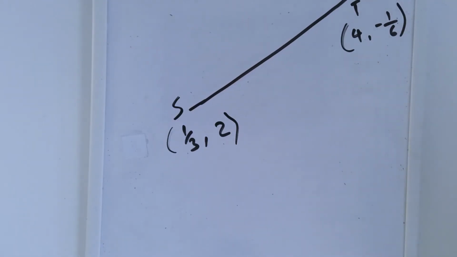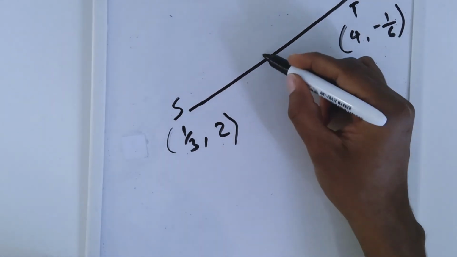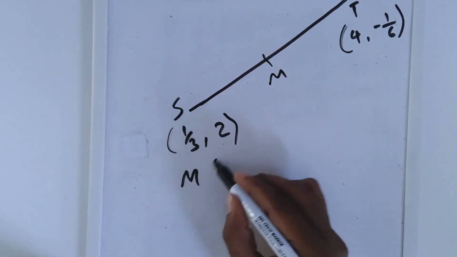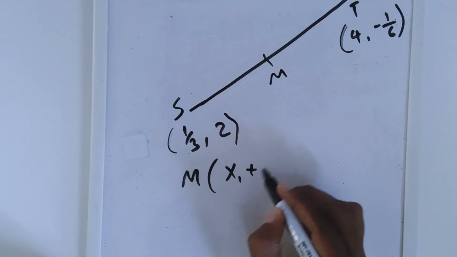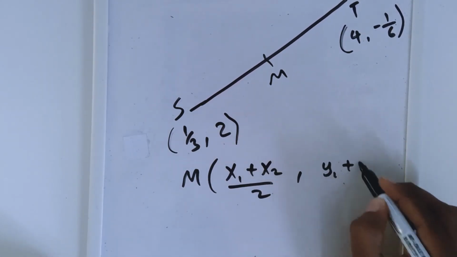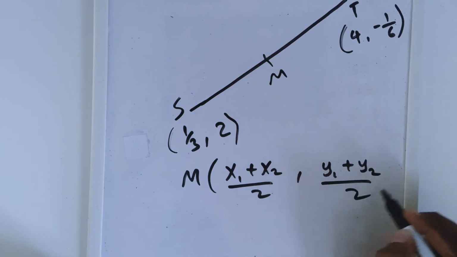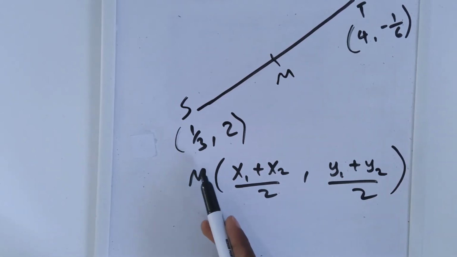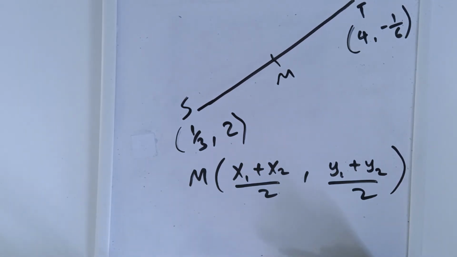Let's do one final example where we have a fraction in it. So the formula stays the same. Midpoint coordinate is such that x1 plus x2 divided by 2, y1 plus y2 divided by 2. But our coordinate points have fractions in them, so we have to solve the normal way.